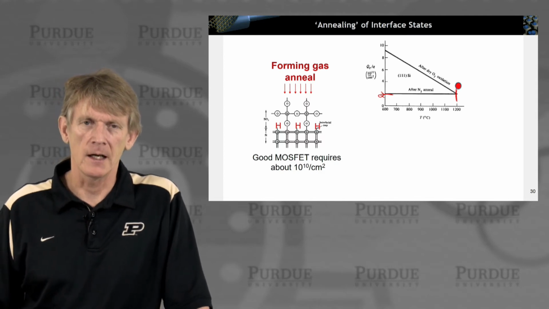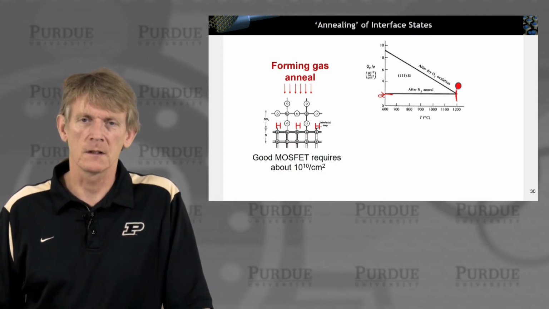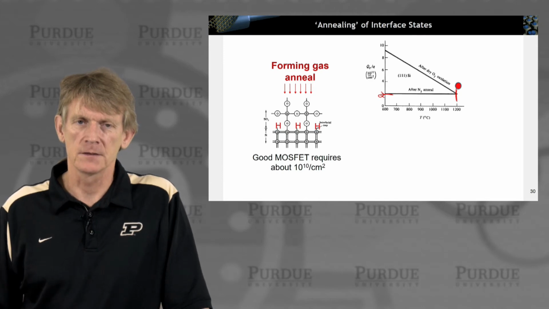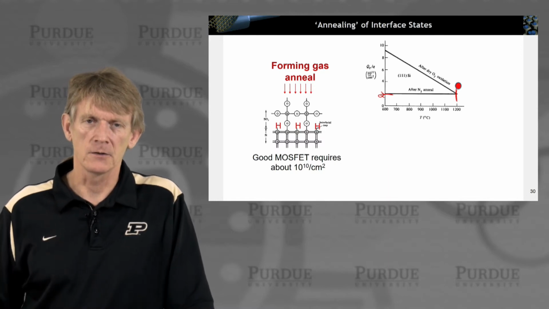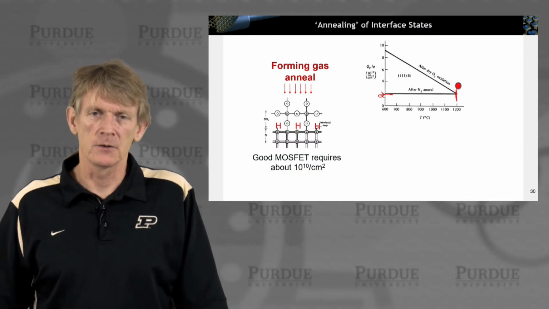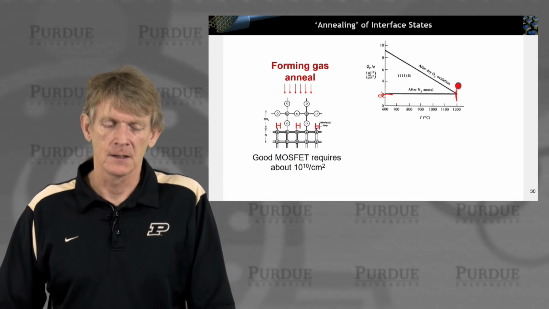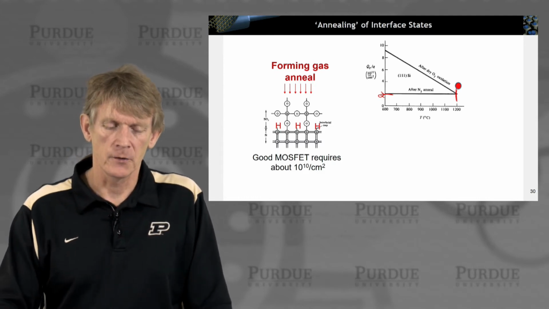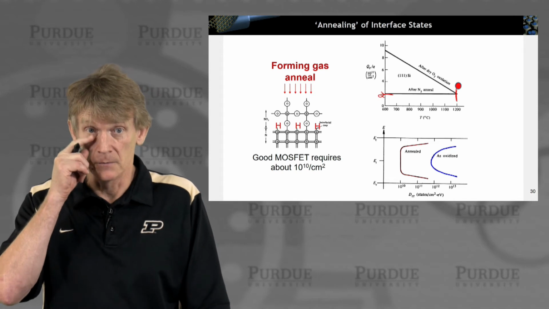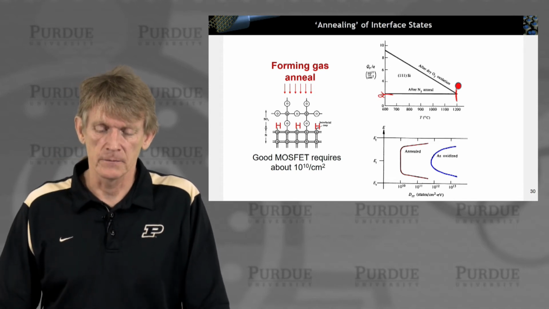But frankly, I am not sure right now what processes are being used for this passivation in today's technology. I just would like you to know that you can introduce hydrogen to passivate the bonds and therefore reduce the traps, the dangling bonds, further.